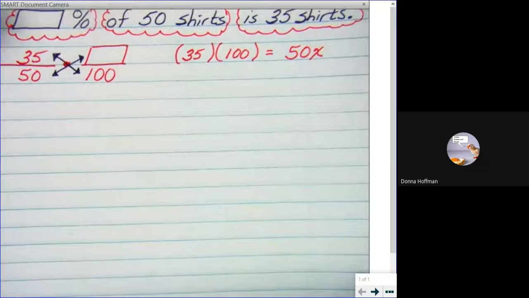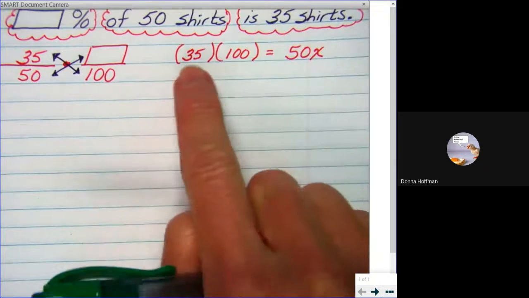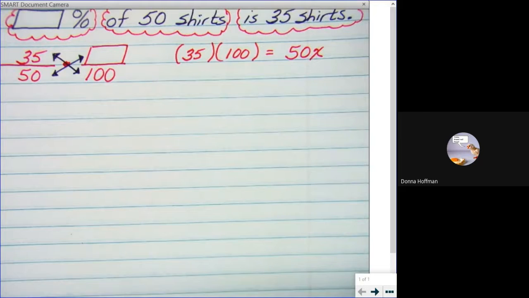Okay, so now I start to solve it. Sophia, what would you do first in this situation? Sophia, so I got rid of all of this by creating this right here. This is my focus. What would I do first?